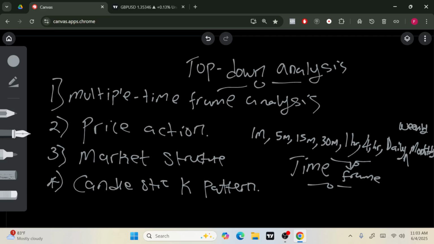Because there are times that you analyze a trade but you make bad decisions. Not that your analysis is not correct, but your decision was wrong. So that is why you need top-down analysis to know exactly what you need to look at on each time frame. And the combination of everything you've analyzed will give you an informed decision to know when to enter a trade and when to exit a trade, or when you need to stake high or when you need to stake low.